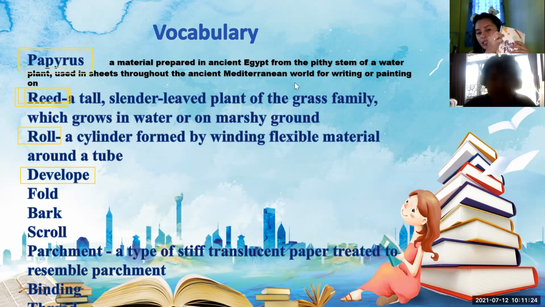This one is binding. And the last word there is thread. Thread is the one used for binding. You can sew it. During their time, they would sew it because it's manual. So they're using thread for binding.